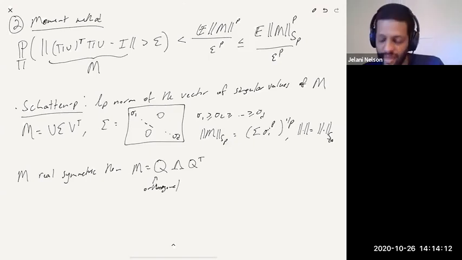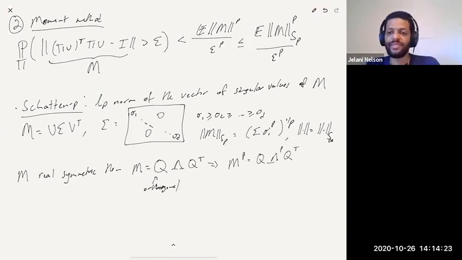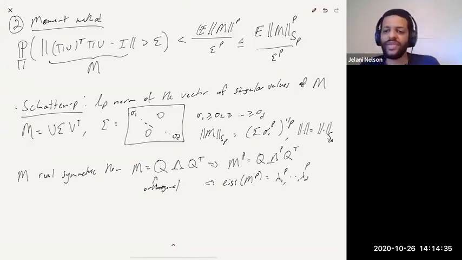So that implies that M to the P is equal to Q lambda to the P Q transpose, which means that the eigenvalues of M to the P are just lambda 1 to the P up to lambda D to the P. And what are the singular values?